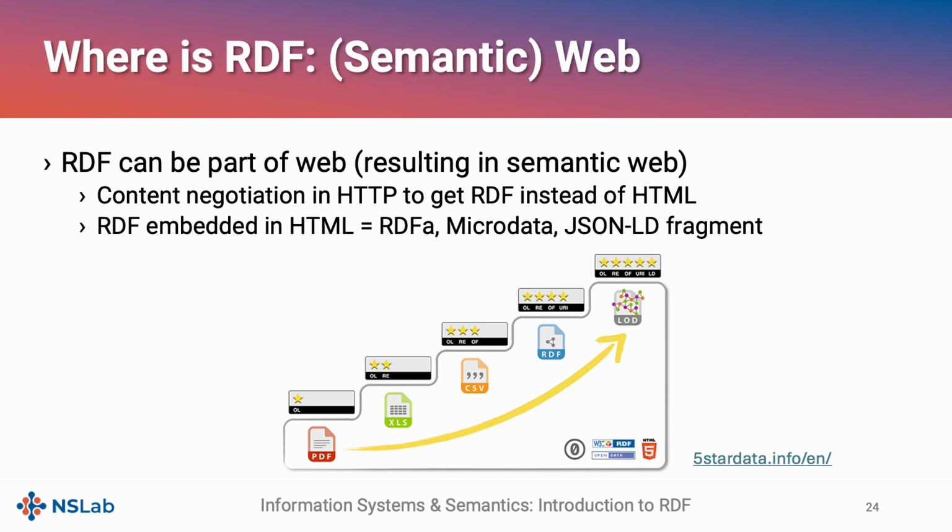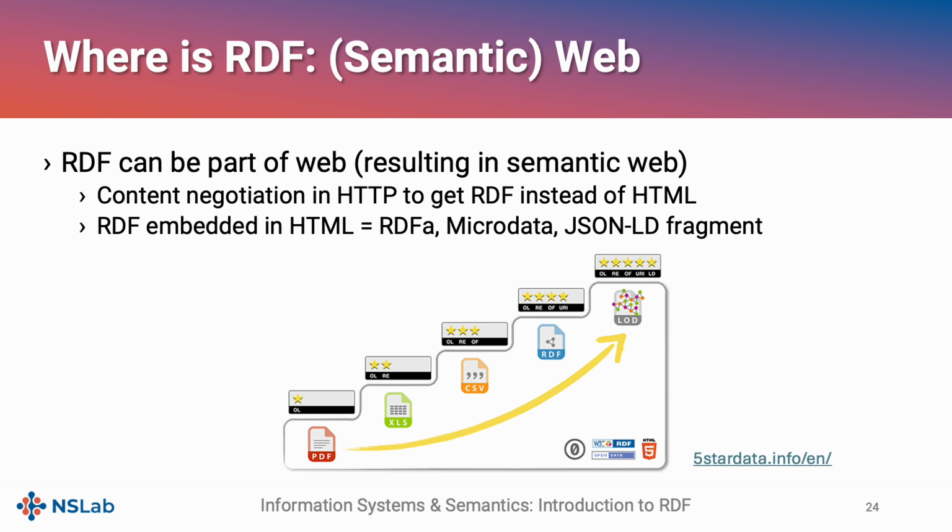For example, when you are opening a page in your browser, it automatically says that it prefers HTML to display it to the user, but it is possible to request some other format. So instead of HTML, you can request RDF, for example in Turtle or XML, and the service will send that format instead of HTML, if it supports it.